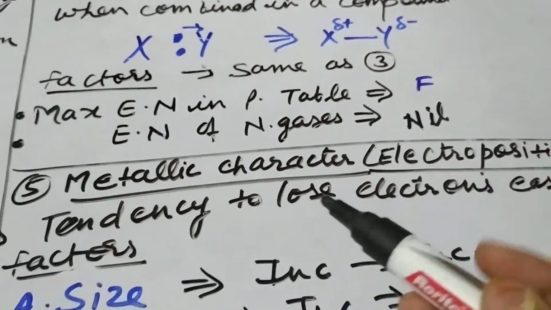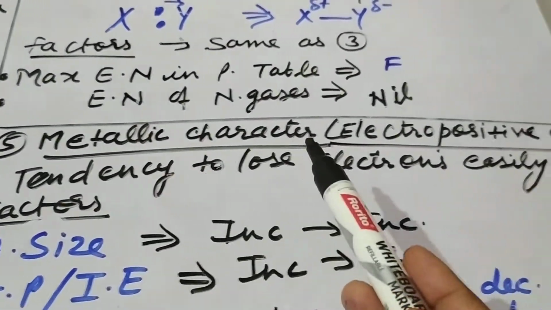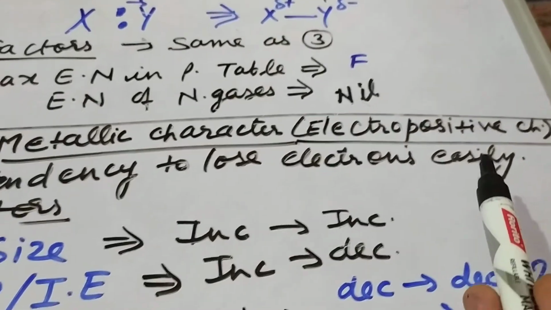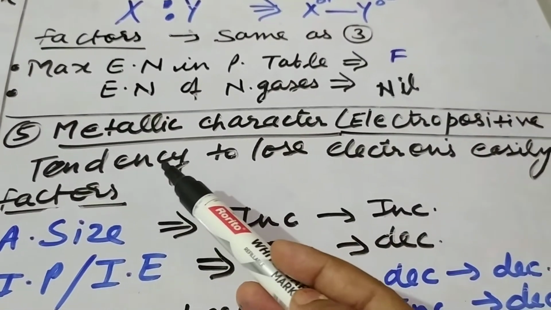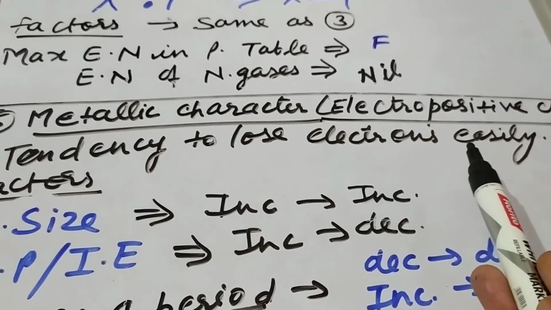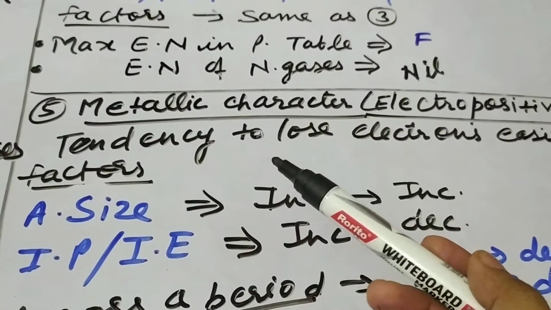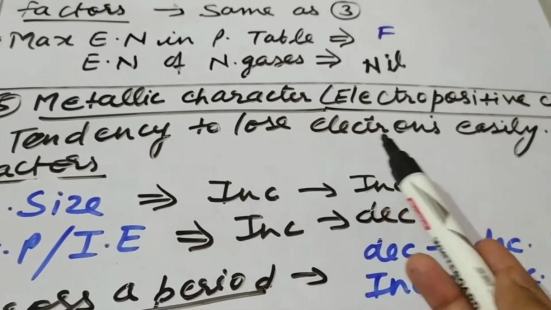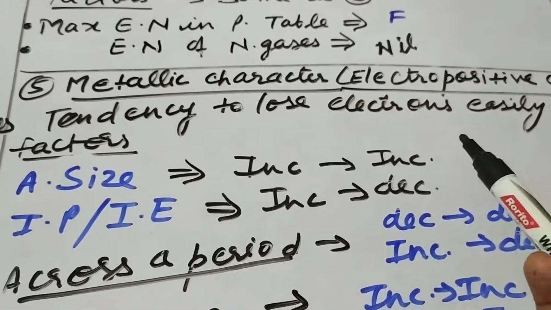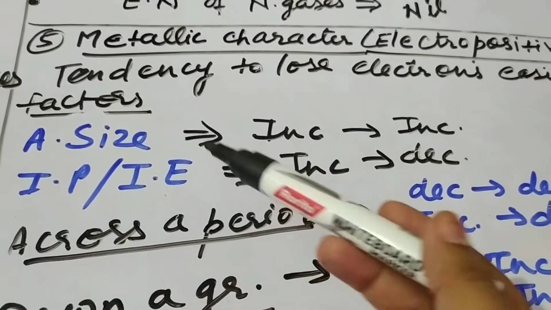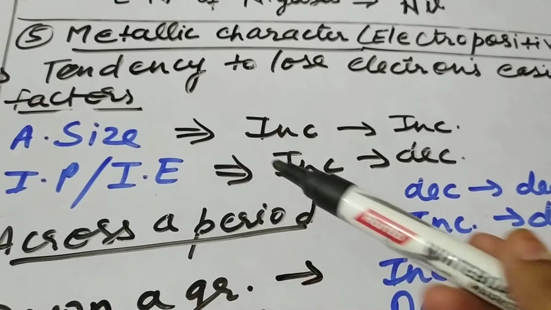Next is metallic character, which is also called electropositive character. It is defined as the tendency to lose electrons easily. The more easily an atom loses an electron, the more metallic it will be, and it depends on two factors, atomic size and IP or IE.